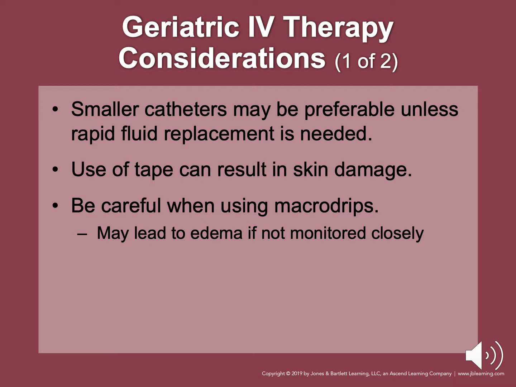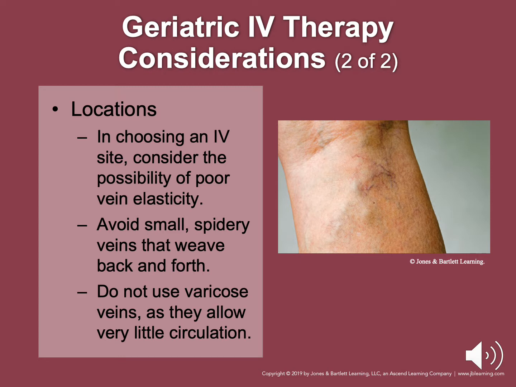Geriatric IV therapy: in choosing an IV site, consider the possibility of poor vein elasticity. Those walls will have worn out. Avoid small spidery veins that weave back and forth. They usually don't hold the catheters very well. Do not use varicose veins. They don't allow a whole lot of circulation.